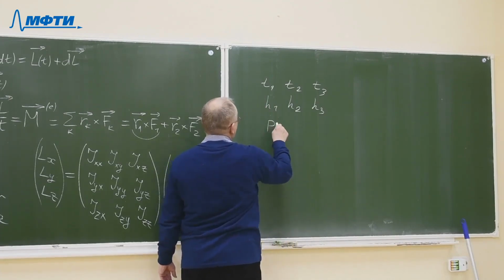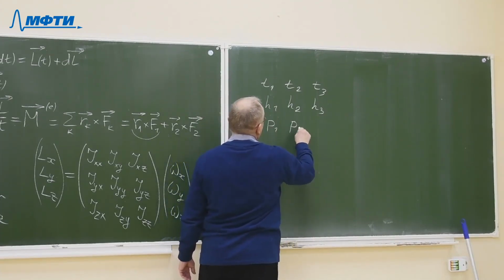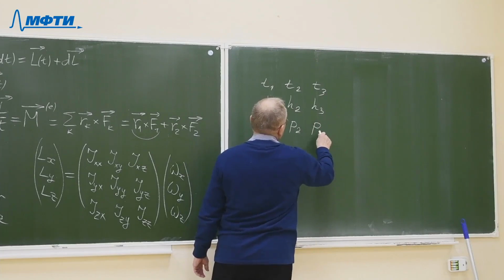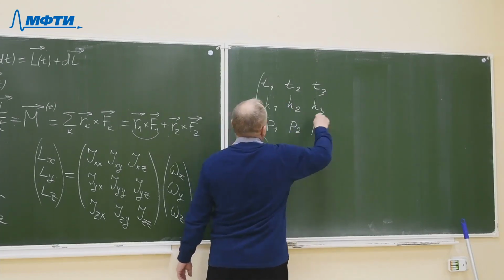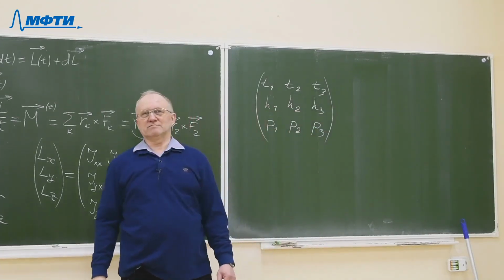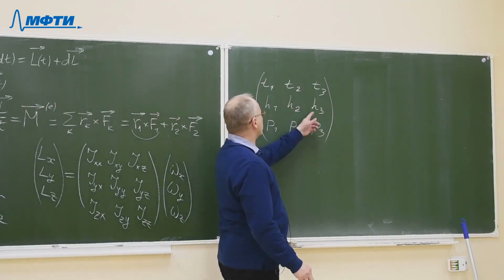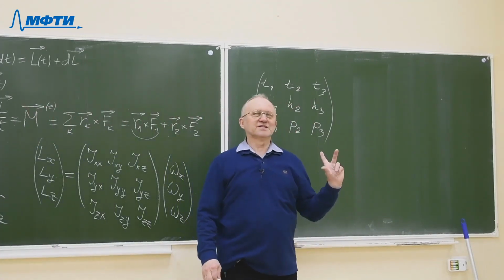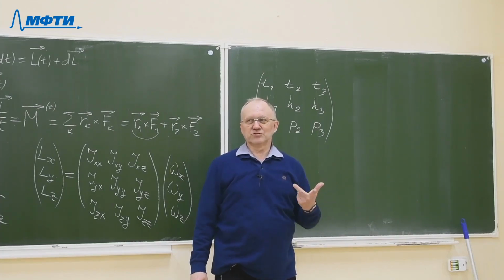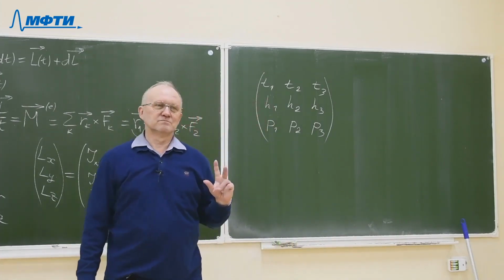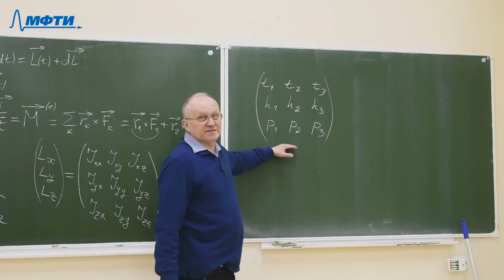And this may be atmospheric pressure in the morning and at daytime, and pressure at night. This is a table of data, just a table. It will never change if you turn the system of coordinates, if you turn the reference frame. That table will remain the same.